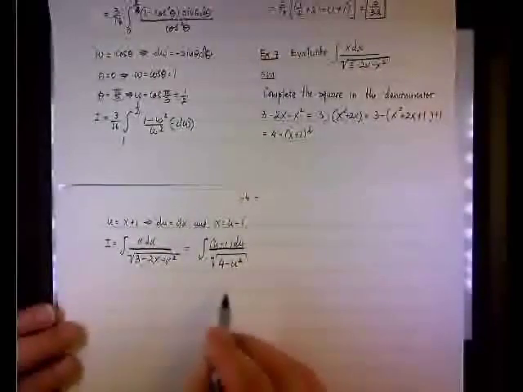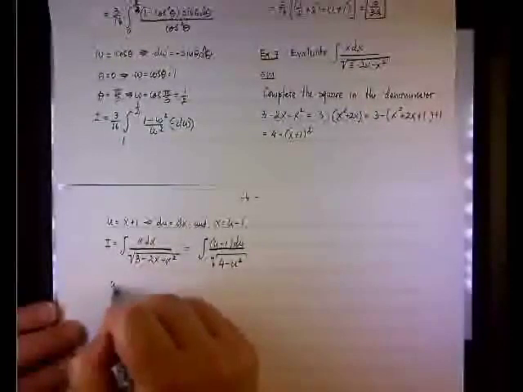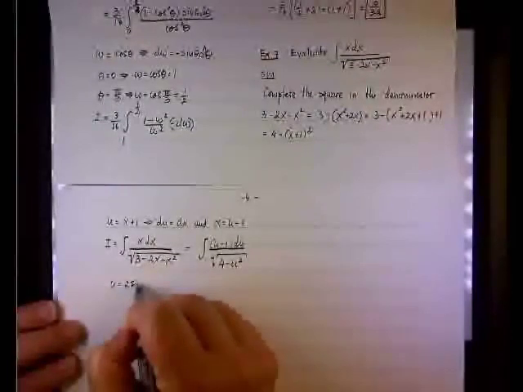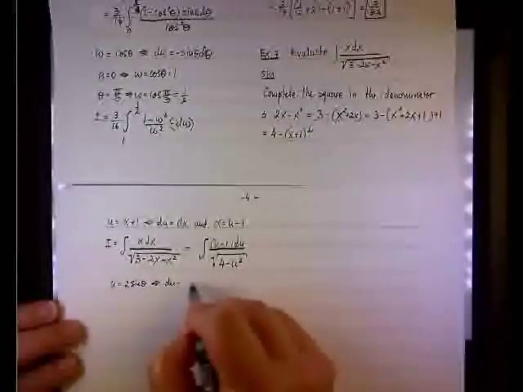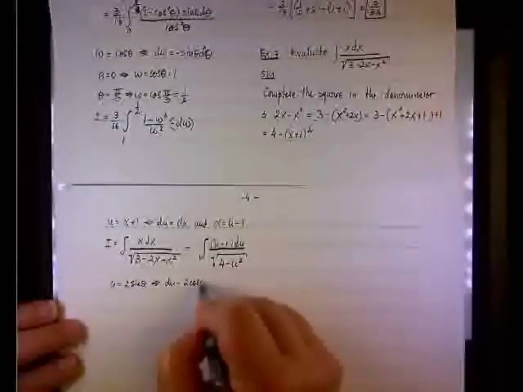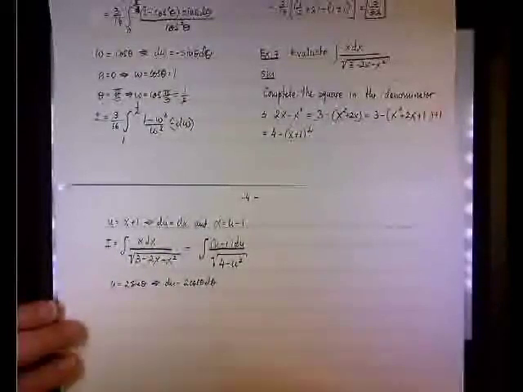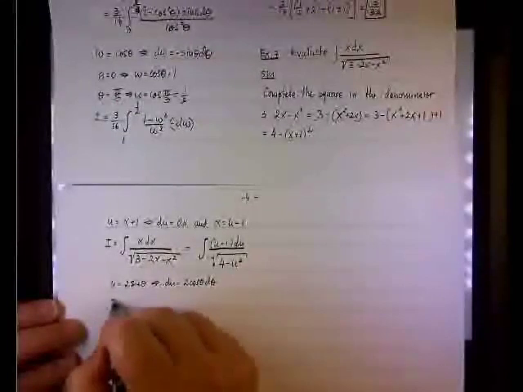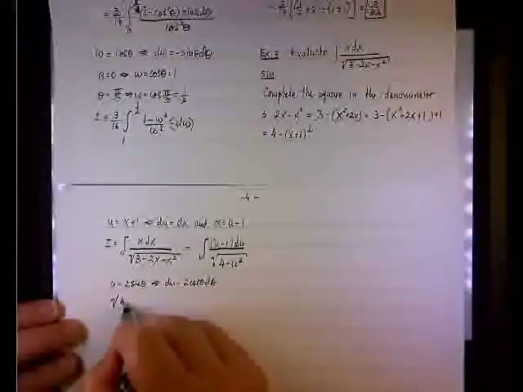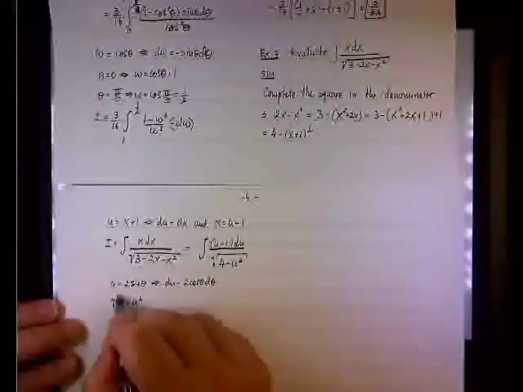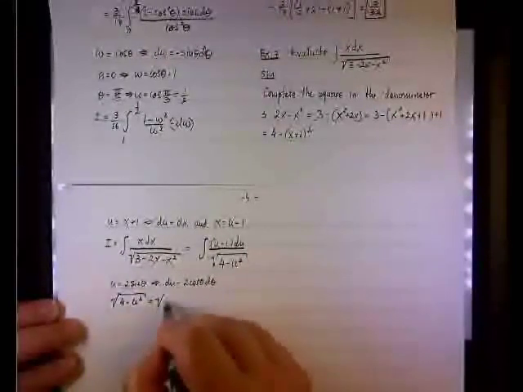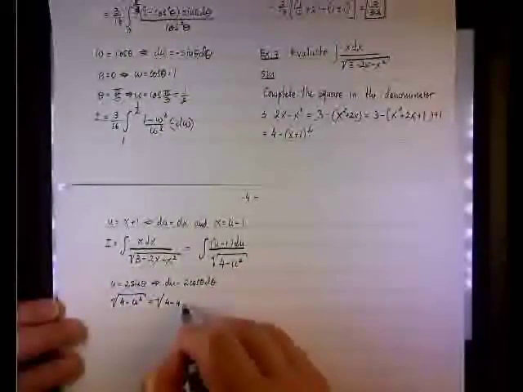The next substitution will be u equals 2 sine theta. And again, du equals 2 cosine theta d theta. And as far as the denominator is concerned, 4 minus u squared will be the square root of 4 minus 4 sine squared theta.